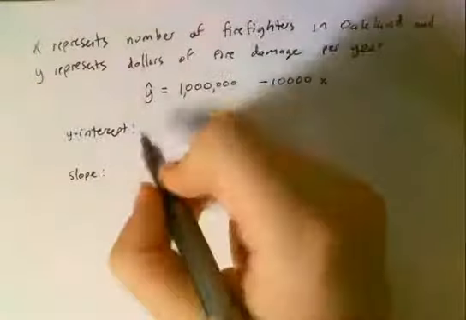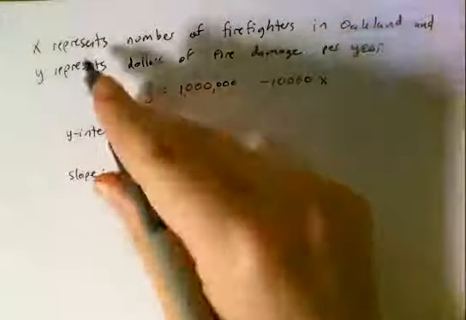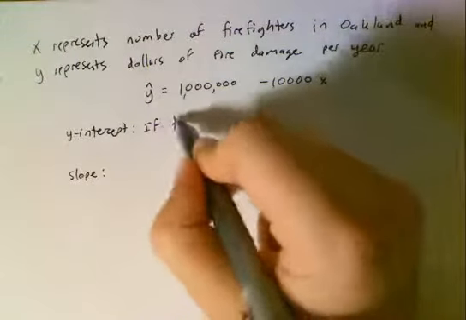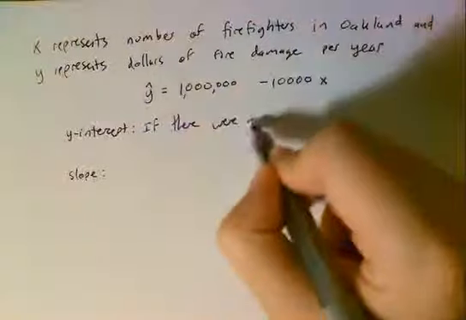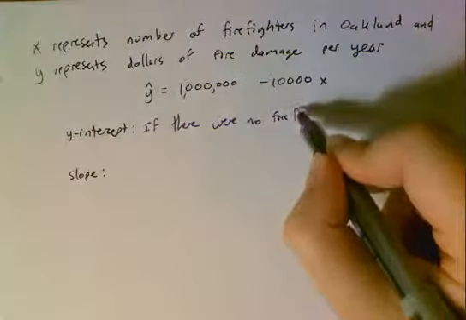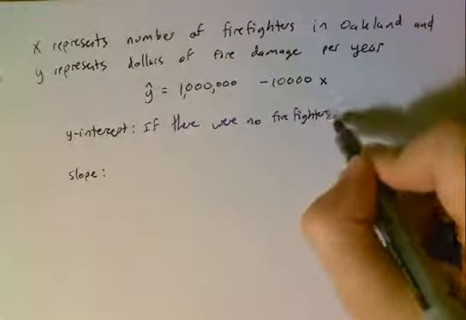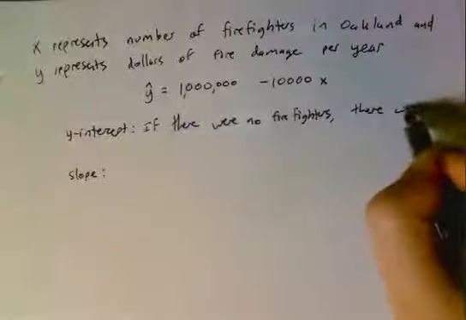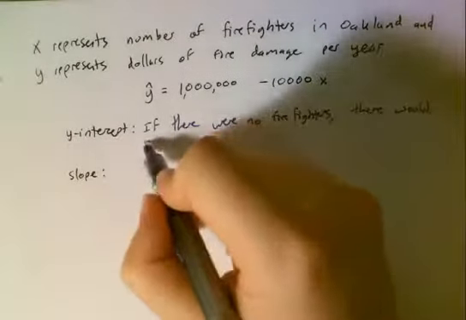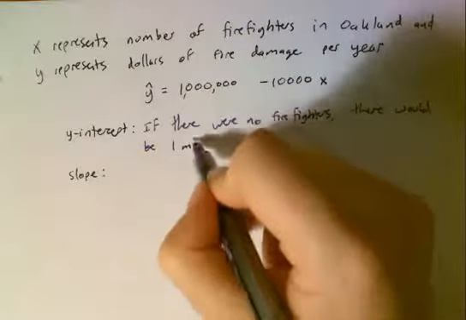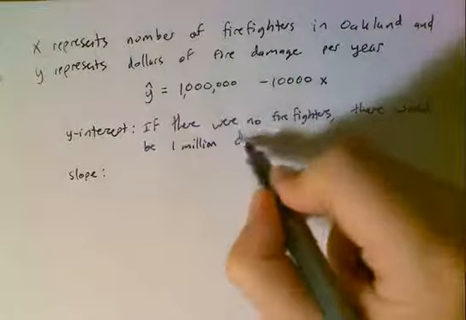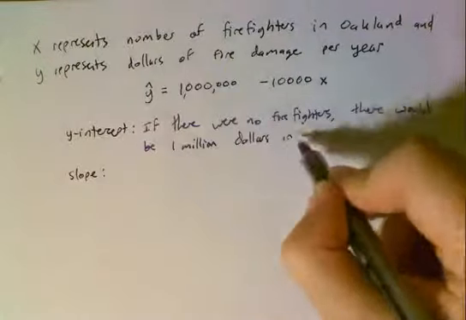So the y-intercept means that if there were no firefighters, if x were 0, there would be $1 million in damages.